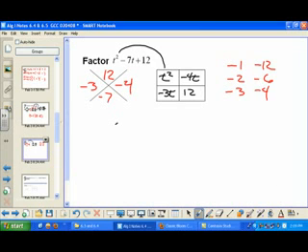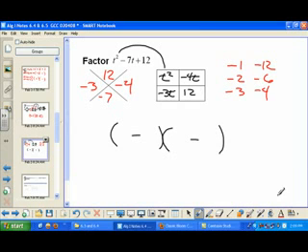And since I know my pattern is this, both binomials have to be a negative. That was the pattern I gave you. Both have to be a negative, because I have a negative in the middle and a positive at the end. Both binomials have to be a subtraction.